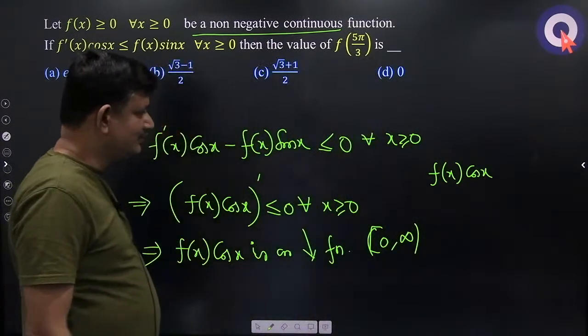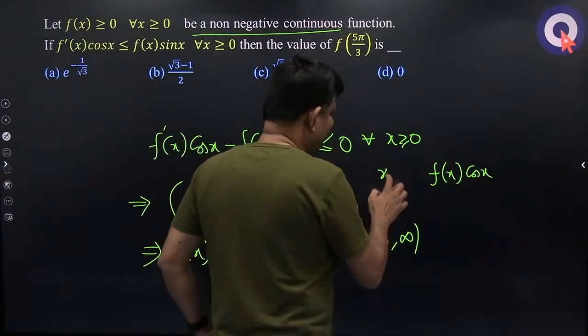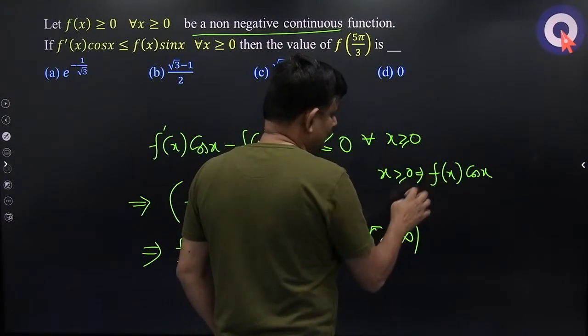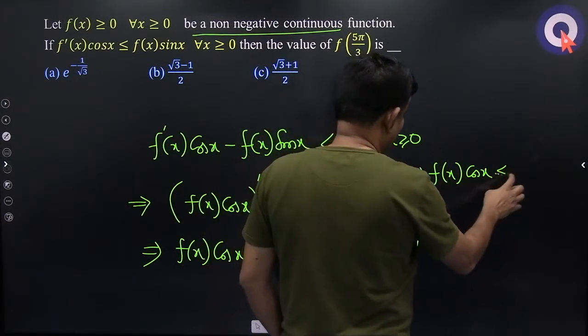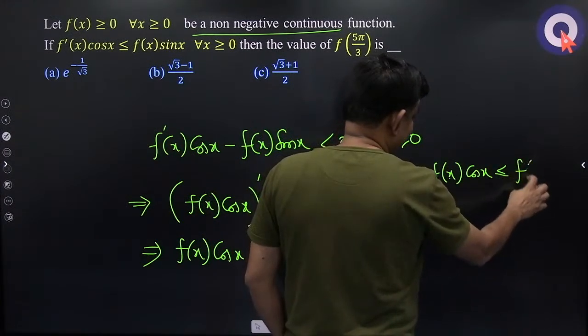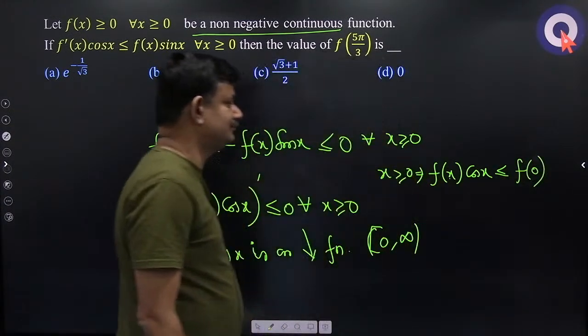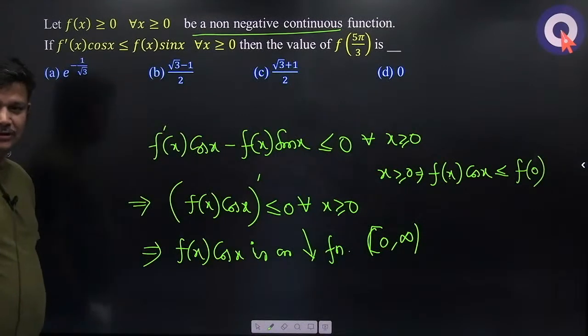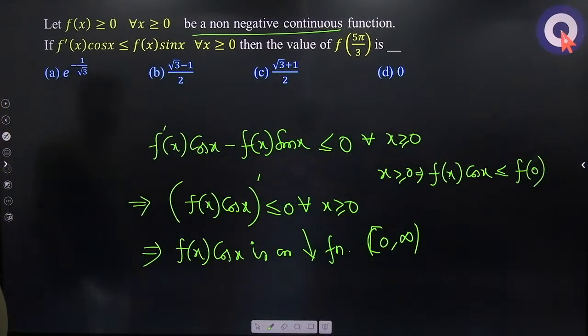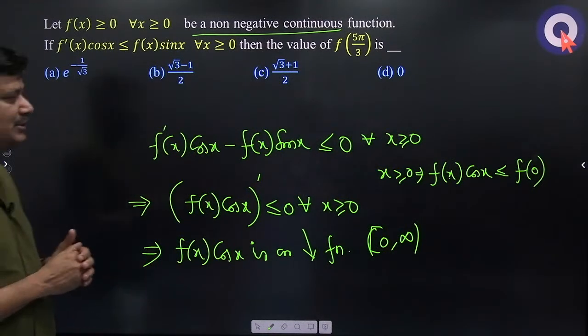Because this is a decreasing function, for all x greater than or equal to 0, f of x cos x should be less than or equal to f of 0. F of 0 into cos 0 is 1. Should be less than or equal to f of 0.